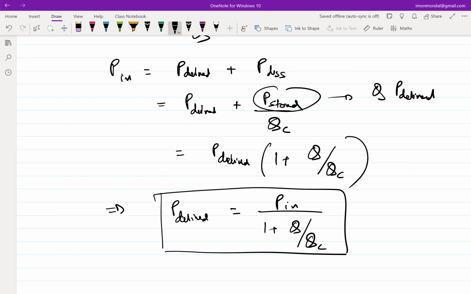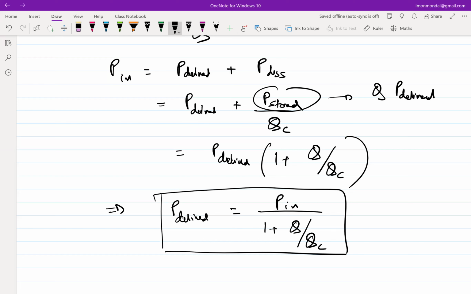So all this is telling you is that if you choose a high Q network with a fixed QC, you are going to have lower power delivered, right? In other words, higher the ratio of Q over QC, higher the ratio of the network Q to the component Q, more the loss in the network.